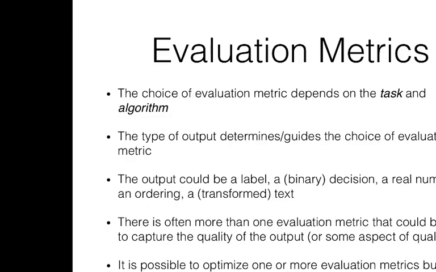It depends a lot on what task and what algorithm you're using, what evaluation metric you should use. So what kind of output are you producing? Is it a label, a binary decision, a real number, an order, a transformation of a text? And often there's more than one evaluation metric that could be used.